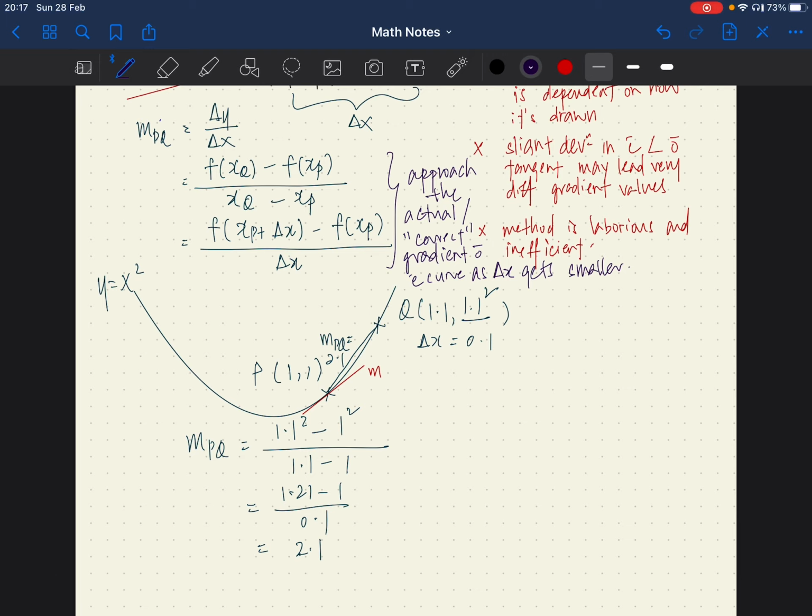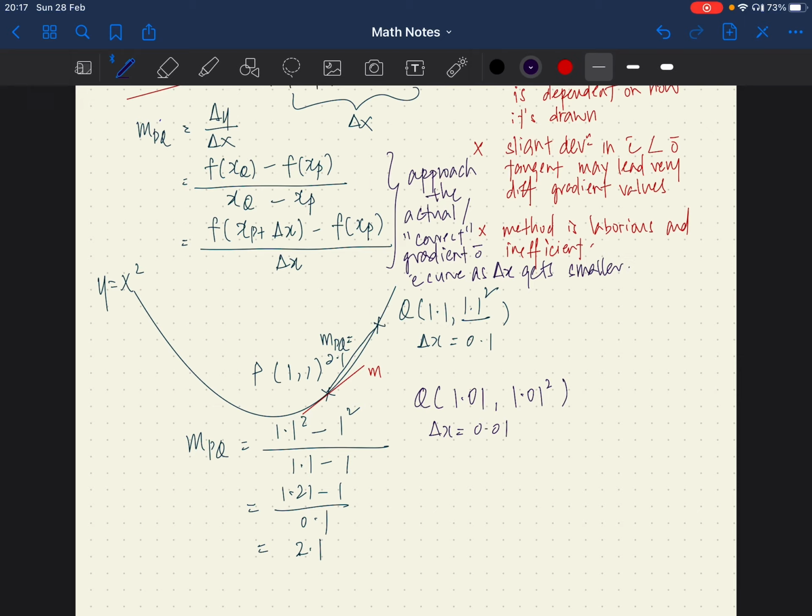Okay, so let's use another Q here. If I now change Q to not 1.1, let's say we change Q to 1.01, which means that I'm using my delta x as 0.01, then we'll get 1.01 squared.